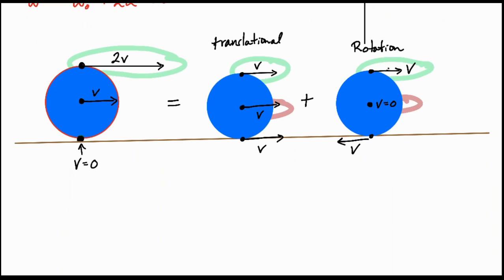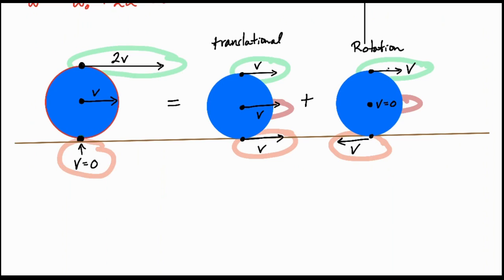So 0 plus v is v. And then on the bottom, this velocity is going backwards, because as it's spinning around the middle, the bottom of this circle is going backwards. But in terms of the translational, it's going forwards. So these are the same. It's almost like a plus v and a minus v, and that's how they cancel out to equal 0.